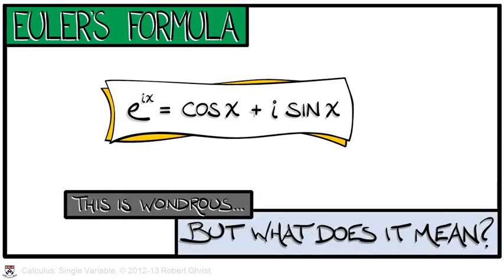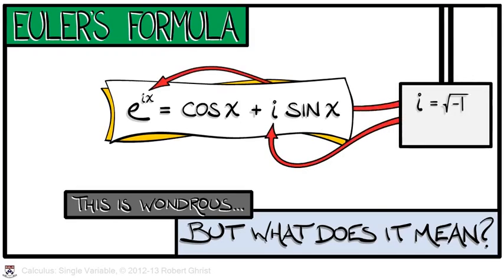This is a wonderful formula, whatever it means. What does it mean? What is this i that is in here? I am sure that you have seen before the notation for the square root of -1, the primal imaginary number i. That is what is meant in Euler's formula. It has the property, of course, that i squared is equal to -1.